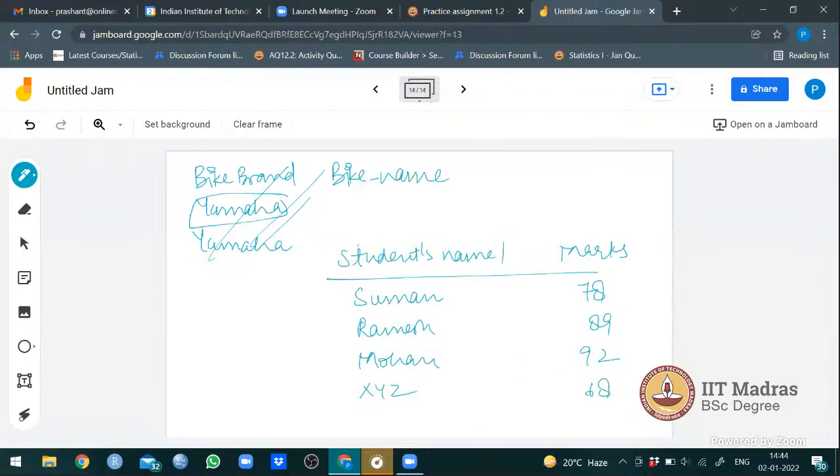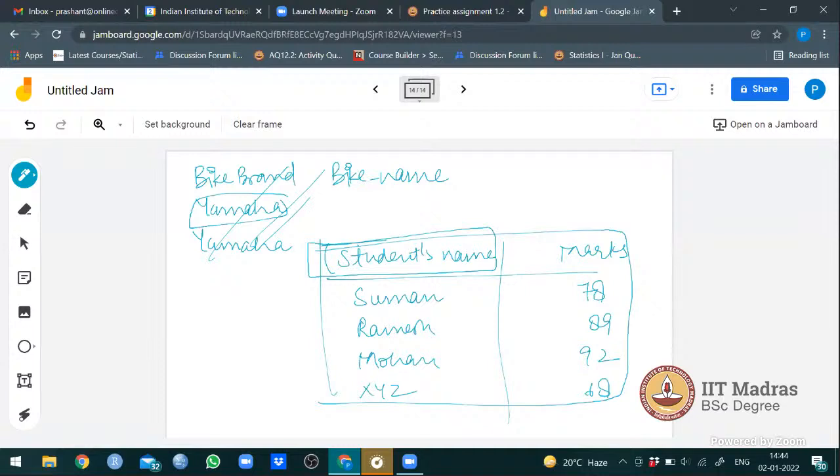And you are given data like this, right? A column is always a variable. What is a variable? Variable means varying. So if you can see, there is variation. Yes, sir, I got it.